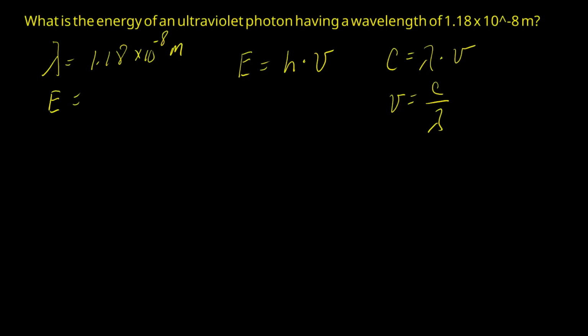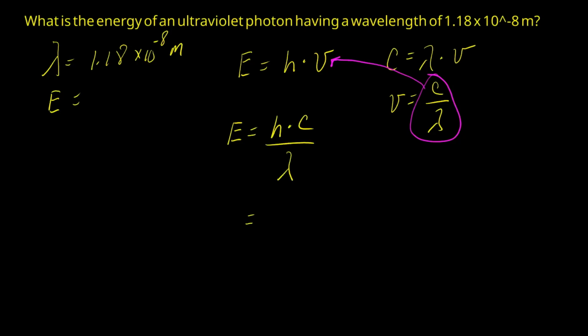So let's substitute this here for nu. So E equals H times C over lambda.